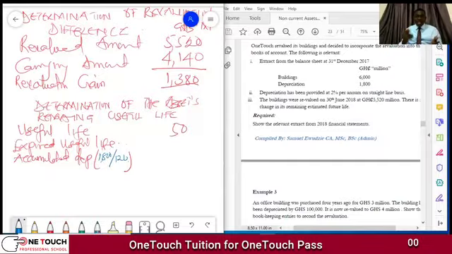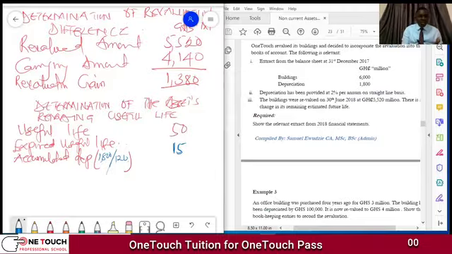We divide by the annual depreciation charge, which is 120 million. So 1.8 divided by 120 gives me 15. That's the accumulated depreciation so far.